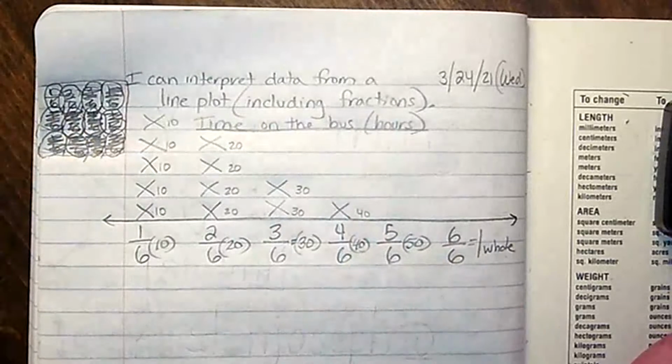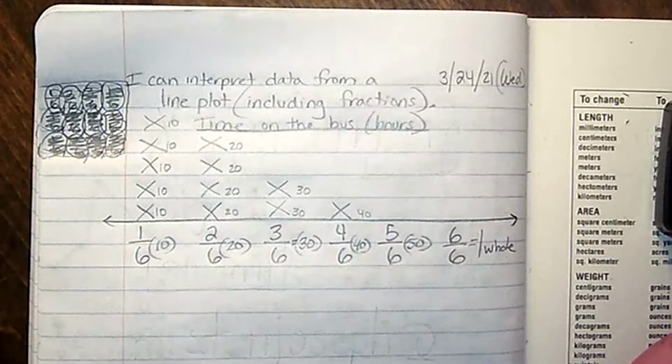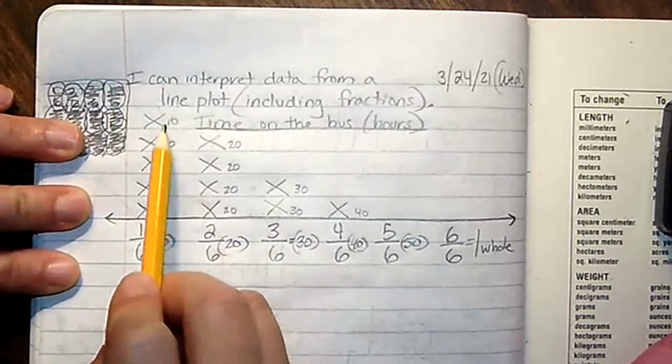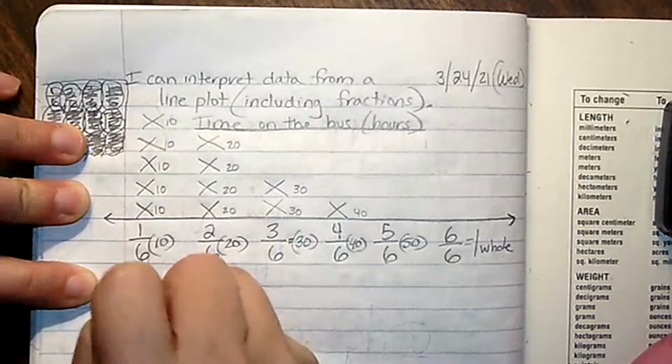Now could I answer the question? The question said, how much time do the kids spend on the bus all together? I would have to add these up. So I could say 10, 20, 30, 40, 50, and I'd write that down. That's 50 minutes.